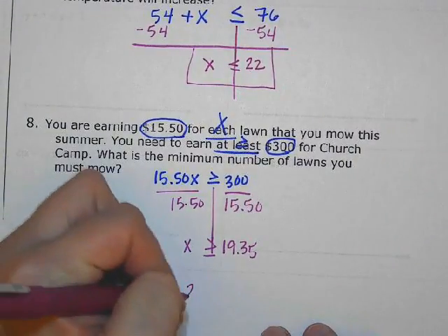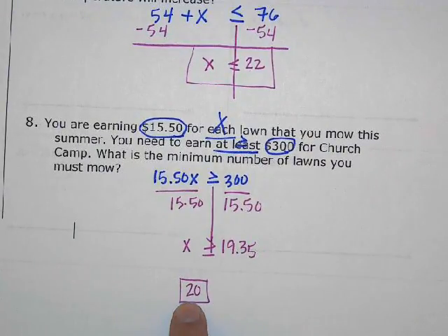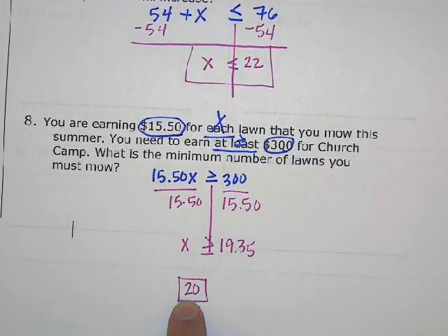He has to mow at least 20. Okay, 19 wouldn't cut it. He wouldn't have enough for $300. What if he mows 20? He would have a little over $300. Good. Okay. If he mowed 20, he would have a little over $300.